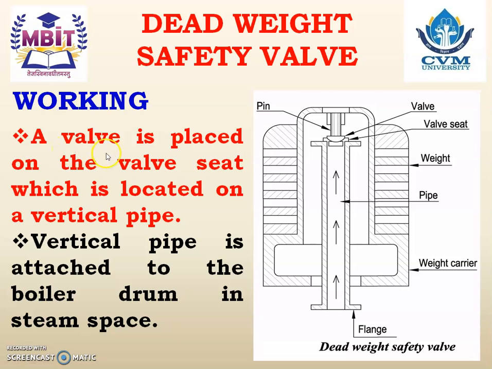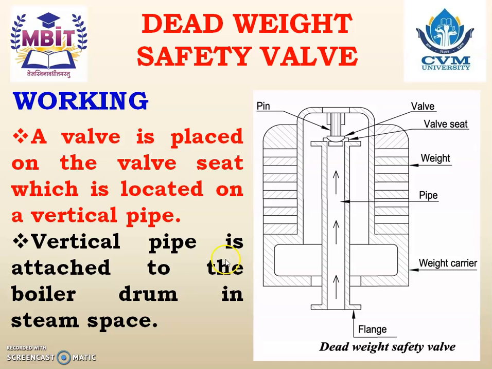Working. A valve is placed on the valve seat, which is located on a vertical pipe. You just see here, the valve is placed on the valve seat, and the valve seat is located in a pipe known as the vertical pipe.